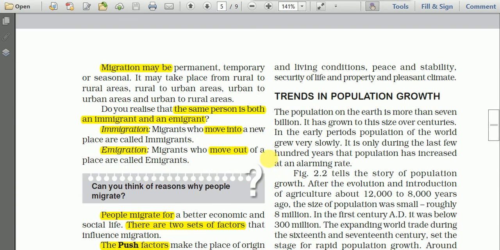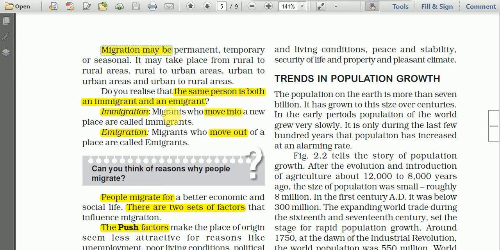Migration may be permanent, temporary or seasonal. Seasonal migration is also known as transhumance. You will be learning about it in the other book.